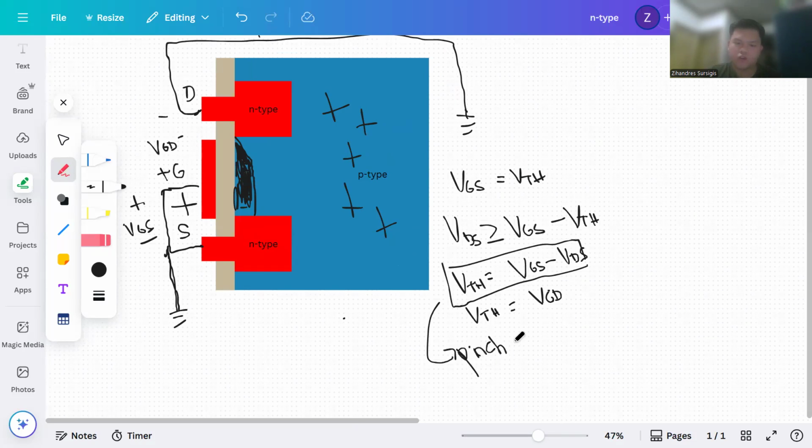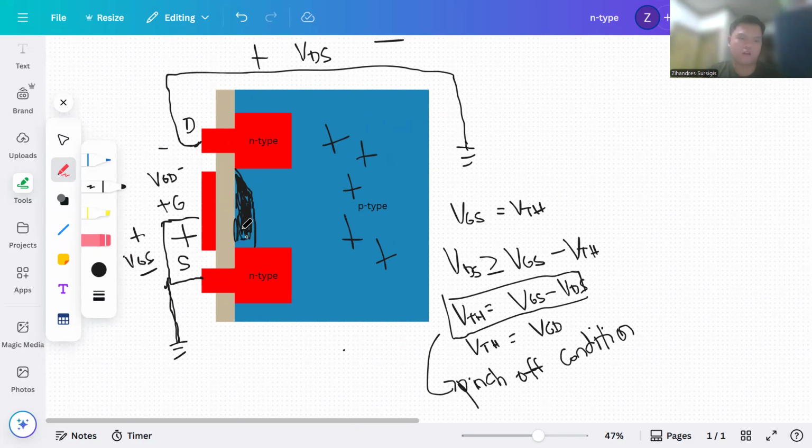Pinch off because, as you can see, the width of the channel in this region is still thick, and then as you reach the area near the drain, it becomes smaller. The channel gets pinched.